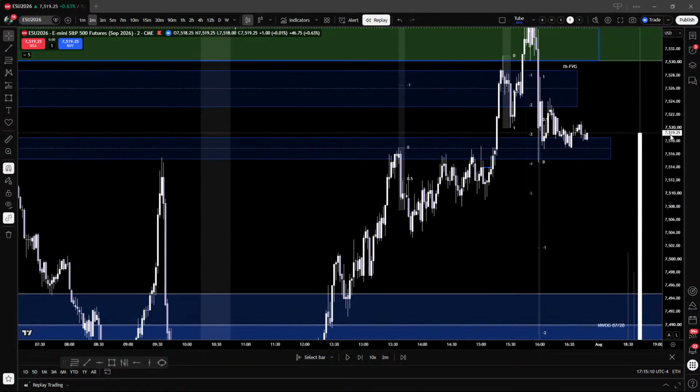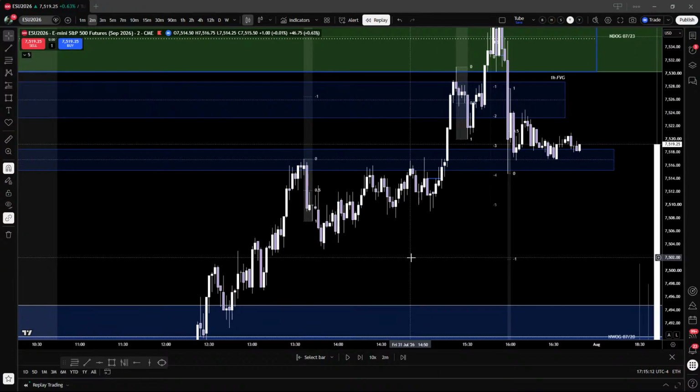So when I see a consolidation and it keeps coming back to these highs here, like we had relative equal highs here, right? And then it was making liquidity here.